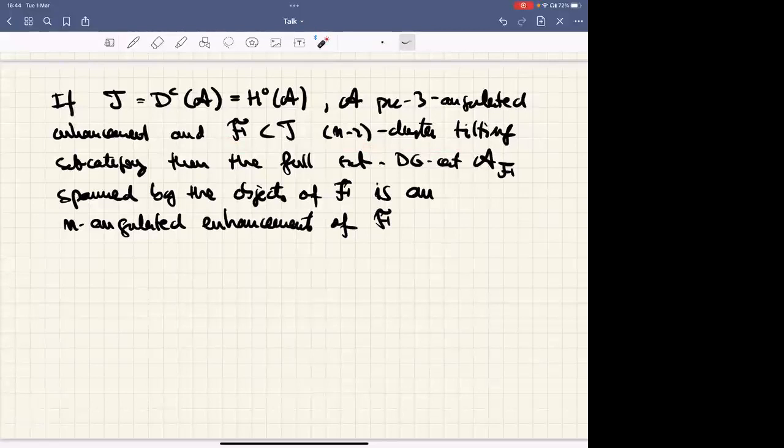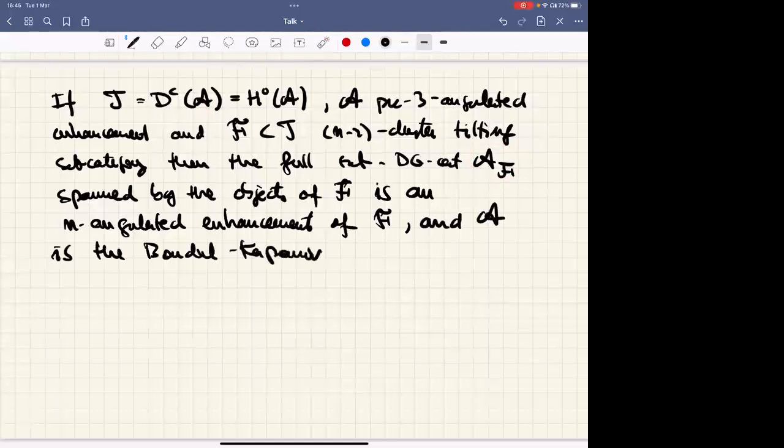we have a canonical enhancement of F as an n-angulated category by restriction. And conversely, if we start just with this, we can recover the whole A, because A is the Bondal-Kapranov pre-triangulated hull of AF, right?